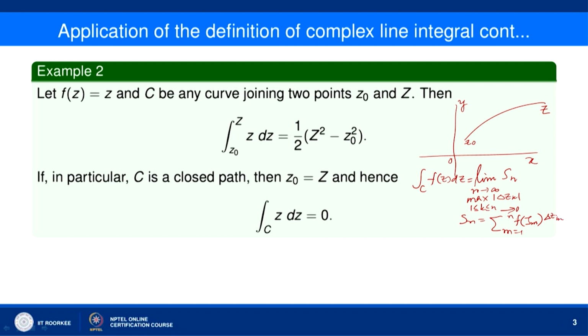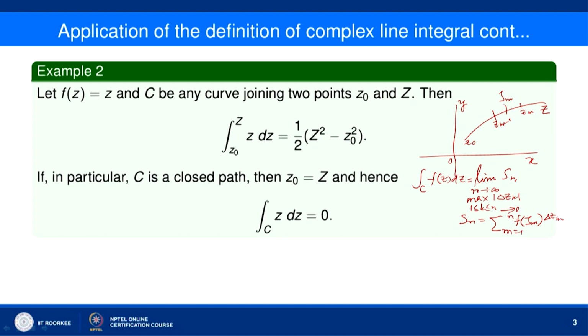Here this is Z m minus 1 and this is Z m. Zeta m is a point in between Z m minus 1 and Z m, chosen in a completely arbitrary manner on the curve between Z m minus 1 and Z m.